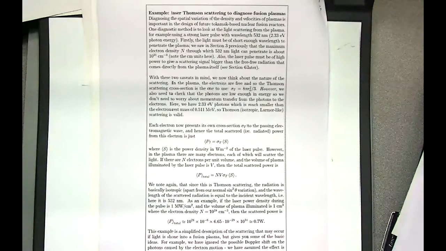Clearly, we tend to have more than one electron in practical situations. So an interesting question to ask is, what happens if we have a set of those electrons, for example, in a plasma, and light is passing over that plasma, and it could be light of various wavelengths, visible, X-ray, gamma ray, whatever. How much radiation is generated?